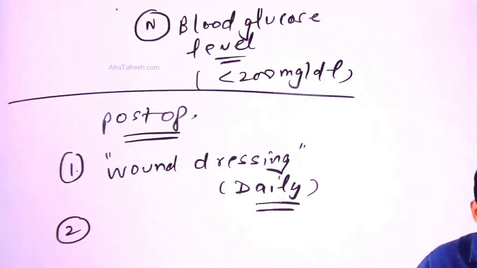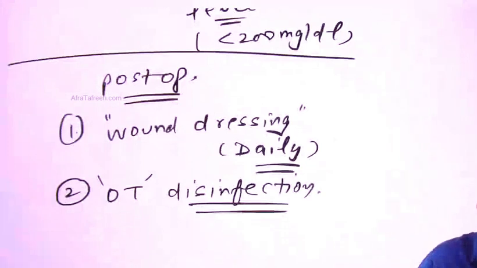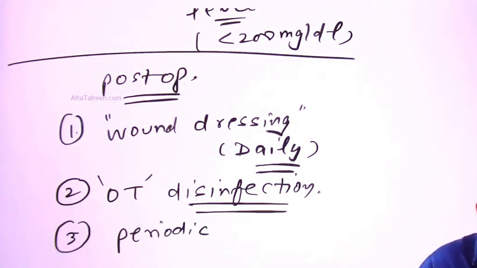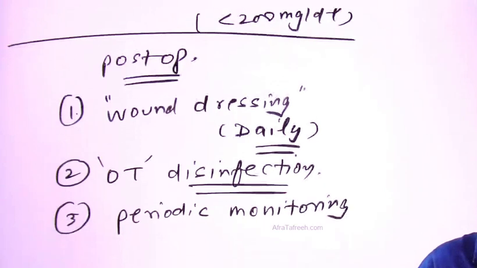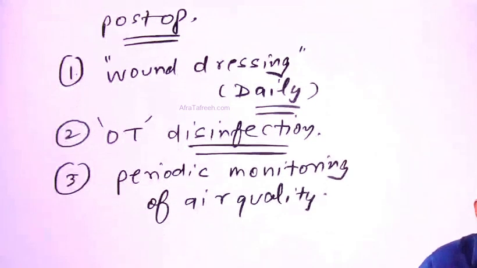Okay, fine. Then after the operation, you should disinfect the OT with a high level disinfectant. You have to monitor the particle count in your OT. So periodic monitoring of the air quality should also be observed, with settle plate counts.